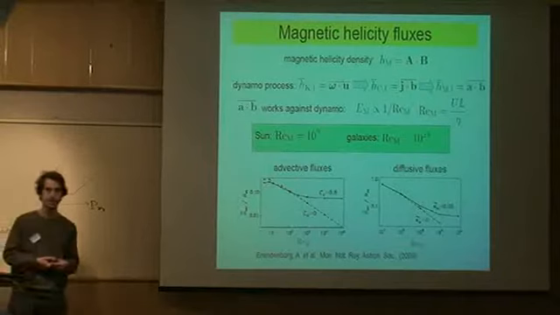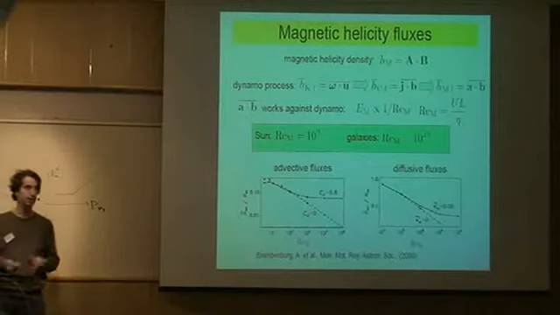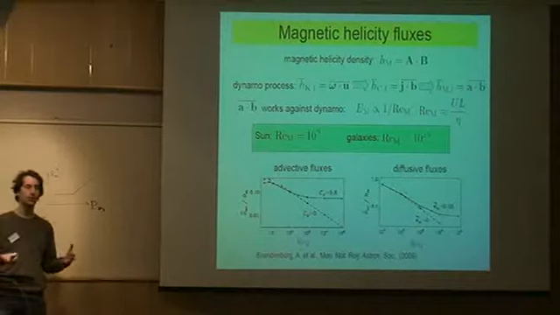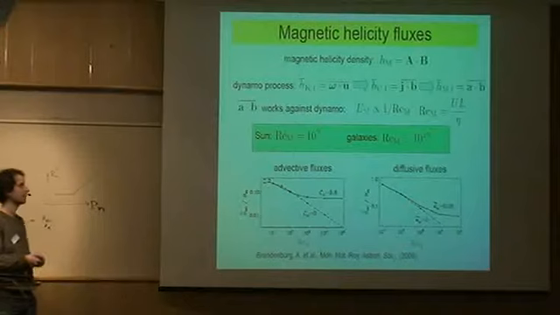Now, why is this small scale magnetic helicity important? Well, it was found in 1992 that it works against the dynamo. More specifically, it was found that the magnetic energy, which is stored in the large scale fields, is reduced with the magnetic Reynolds number like 1 over Rm.